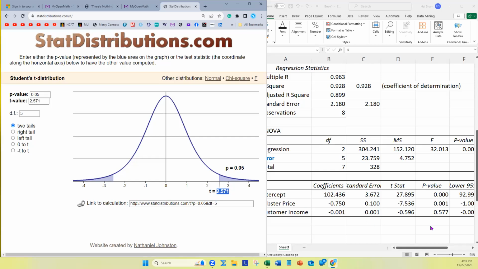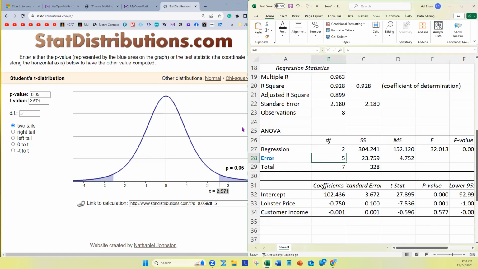I'm going to verify that because on statdistributions.com, sometimes when the degrees of freedom are low, it doesn't get quite close enough. So let's go into Excel. I'm going to get 2.571 here. I'm going to type T.INV, right? My alpha level is 5%, or 0.05.